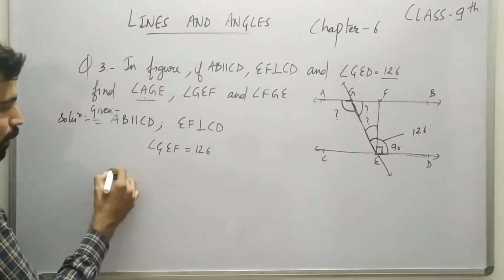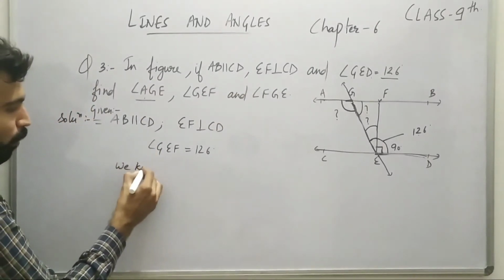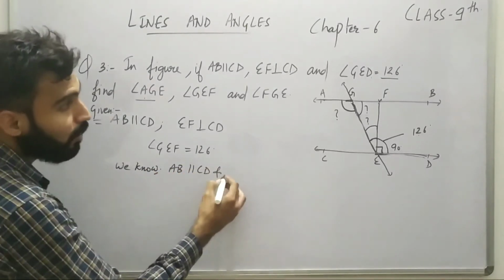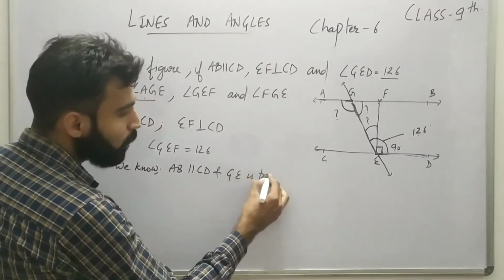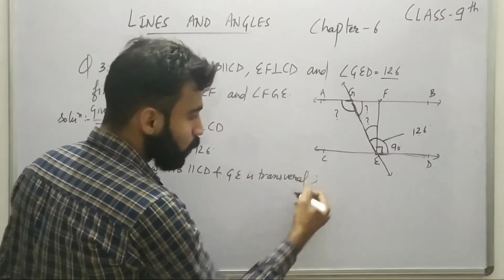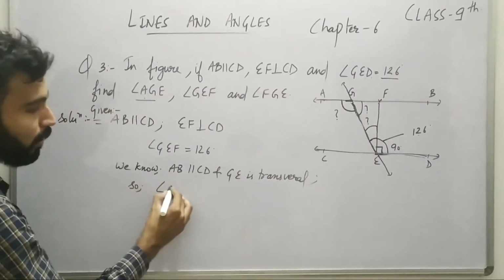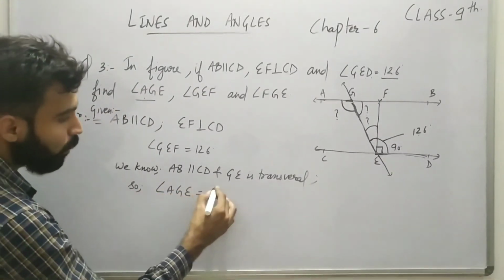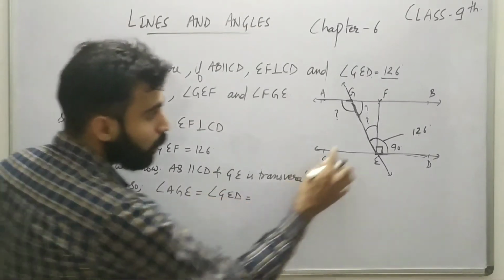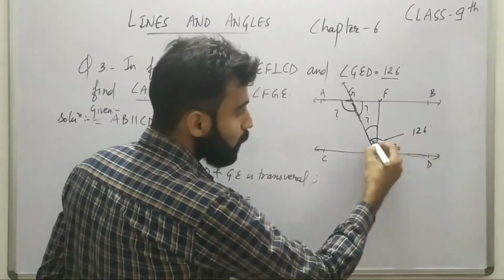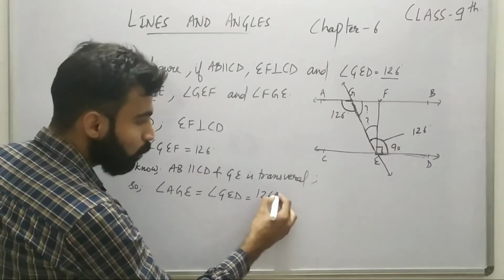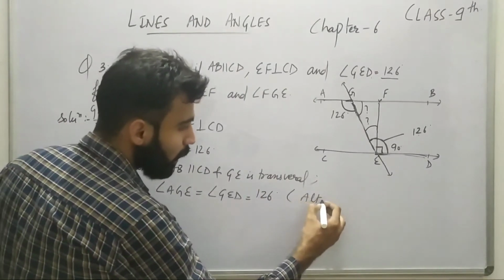So I'm going to write that we know AB is parallel to CD and GE is transversal. You can see this is a transversal line. So angle AGE is equal to angle GED. GED is 126 degrees, it is given to us. That means AGE will also be equal to 126 because they are alternate angles and they are equal.